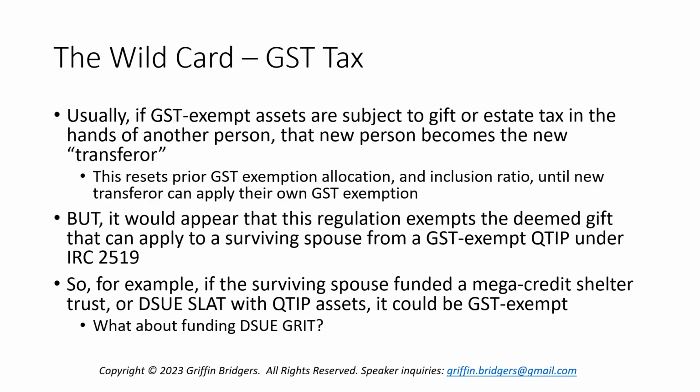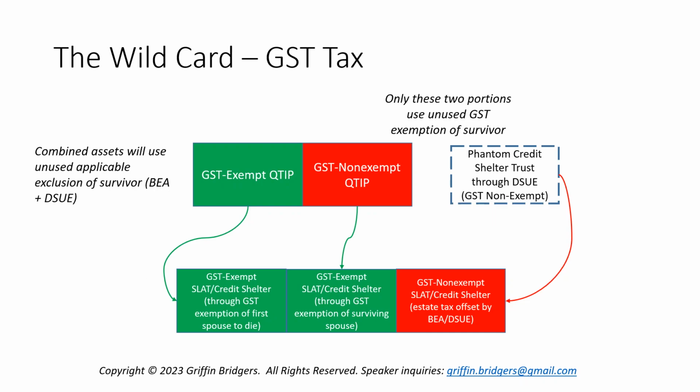So even if the DSUE GRIT is GST exempt during the surviving spouse's lifetime, that exemption wouldn't continue beyond the surviving spouse's death. At that point, the surviving spouse would have to use their own GST exemption against that DSUE GRIT, which might be a bad outcome. So looking at this graphically, we can imagine the QTIP created at the death of the first spouse as being a two-parter, potentially.